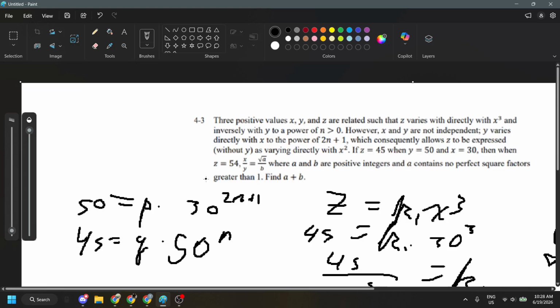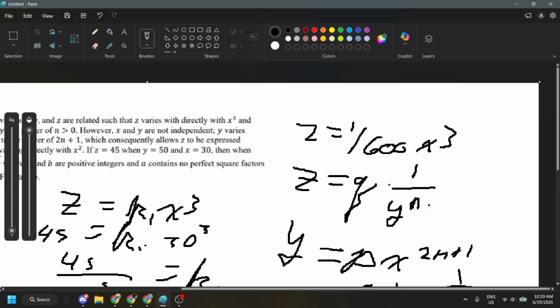Z varies directly with x squared. I just don't get it, because how is this going to be inverse, but z with x is going to be not inverse, it's going to be direct?